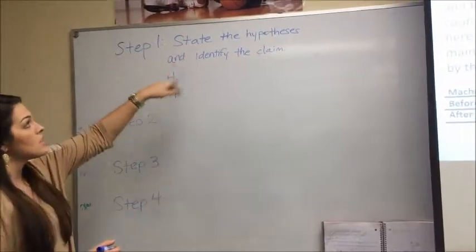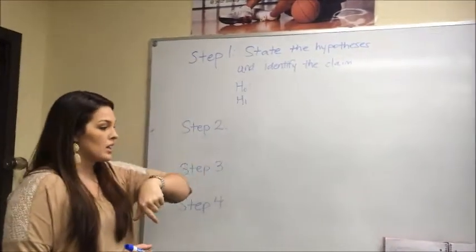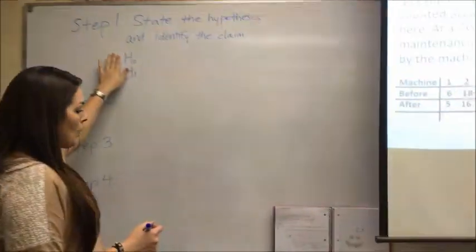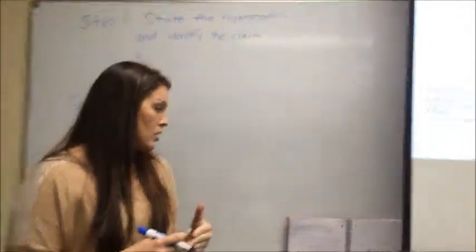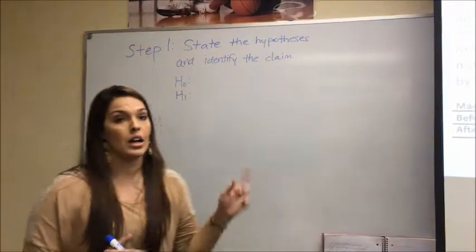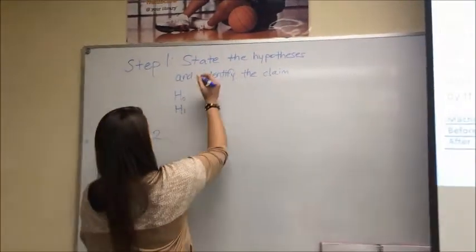Step 1, again, is to state the hypothesis and identify the claim. The null hypothesis is that increased maintenance does not reduce the number of defective parts. I'm going to take a second to write this here.